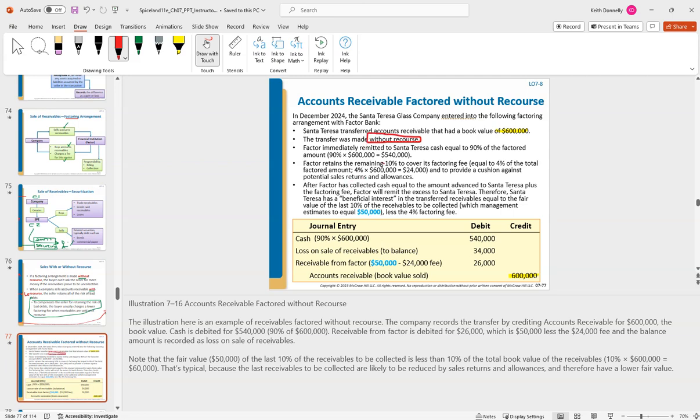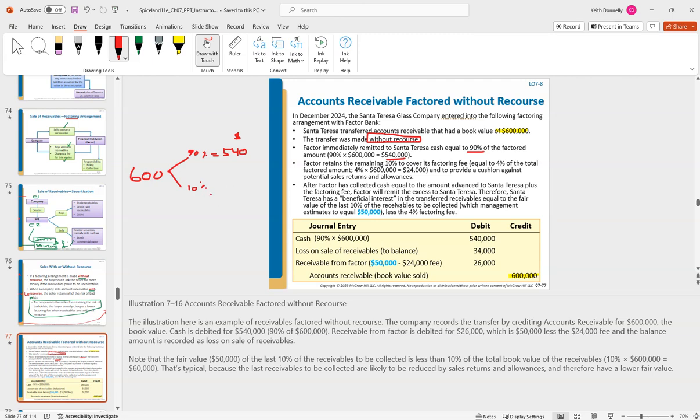Immediately after we make this sale, the bank says, look, we are only going to give you 90% of the 600,000, so that's going to be the 540. The remaining 10%, we're going to do something special with.